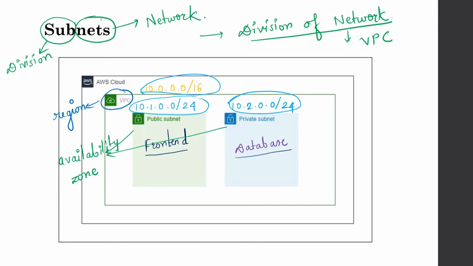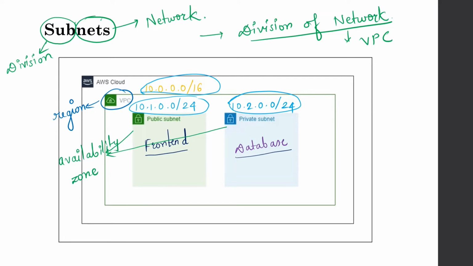Okay, I hope this makes sense. It can't span across multiple AZs, one AZ, one subnet. Okay, and it is a range of IP addresses from the VPC which are getting assigned for a specific application. Simple. So hope you have understood the idea of subnets over here.